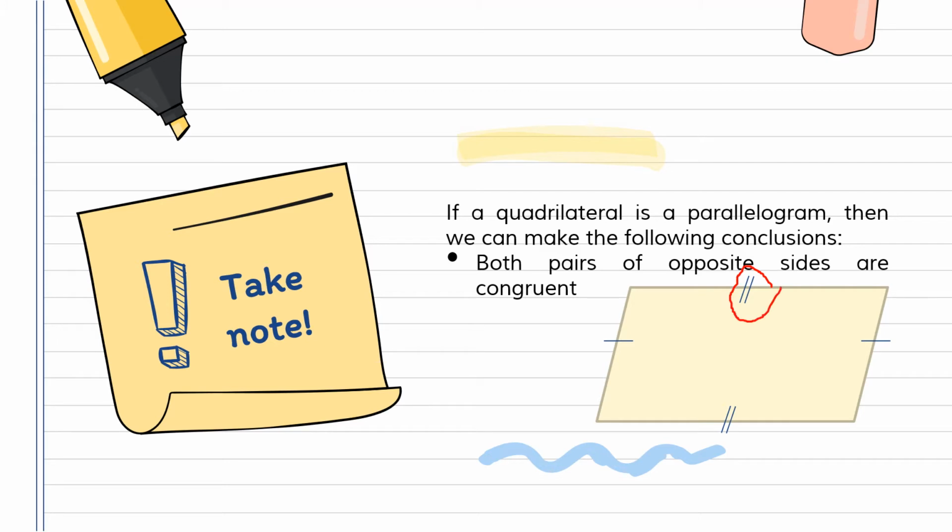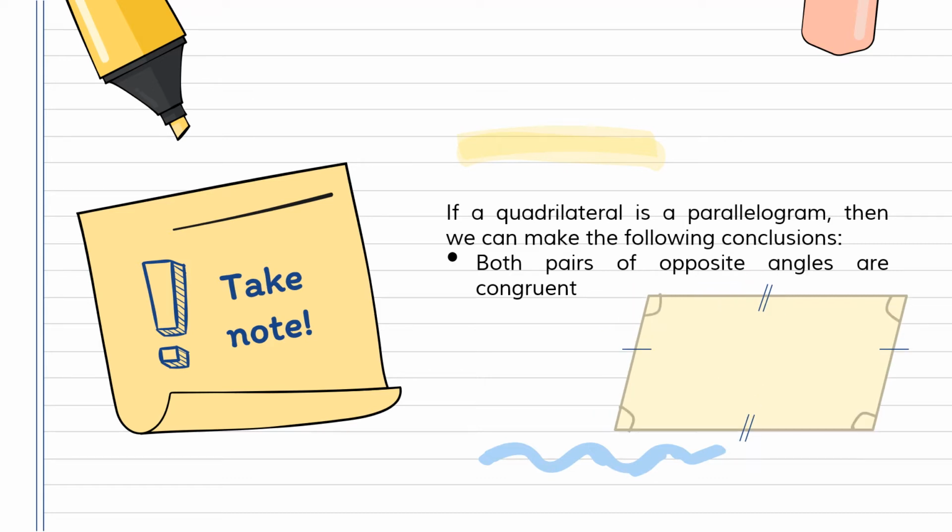So side A is equal to side B and side C is equal to side D. Next, both pairs of opposite angles are congruent. So angle 1 should be equal to angle 2 and angle 3 should be equal to angle 4.